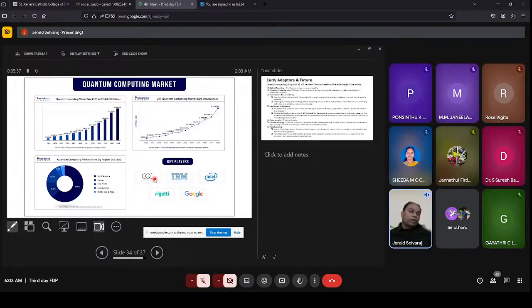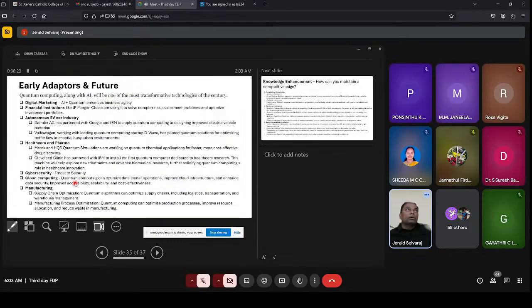And coming to the globe, North America is leading with more opportunities compared to other areas. You can see that close to 61% of the growth is happening in the North America area for quantum computing.